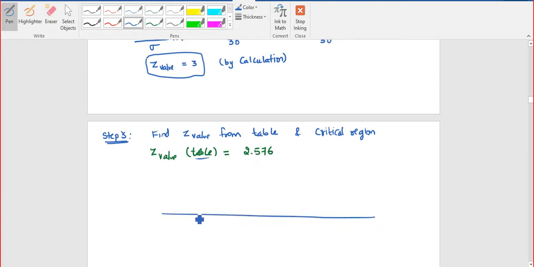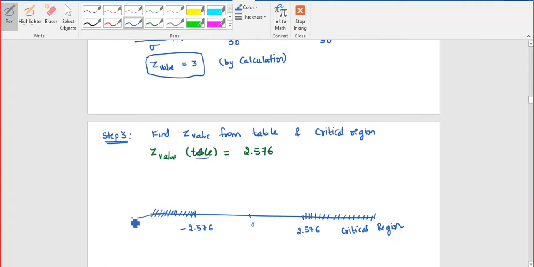Suppose this is your point 0. Let's mark on the number line 2.576 on the positive and the negative side. Then the region towards the left of negative 2.576 and towards the right of positive 2.576 is the critical region.